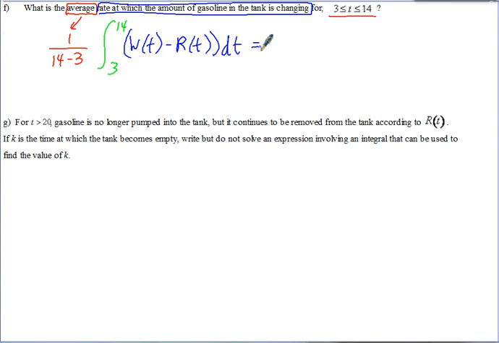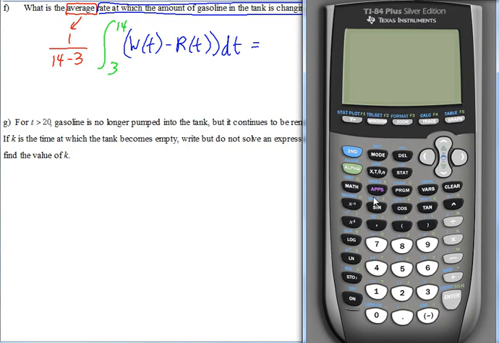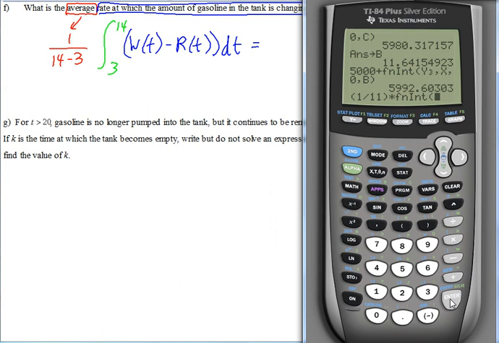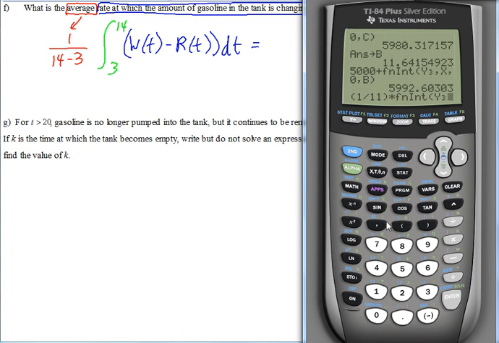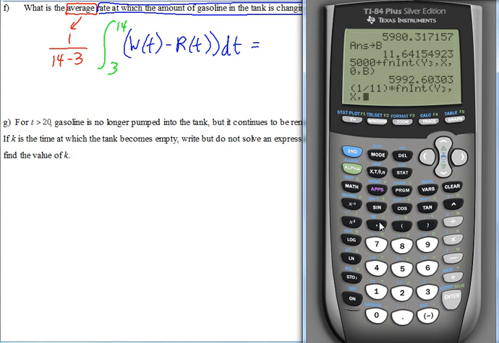And then let's use our calculator to figure this out. So it's the TI-84 first. So 1 over 14 minus 3 is 1/11, times integral of, we put that in as y3, comma x, comma lower limit's 3, upper limit's 14.